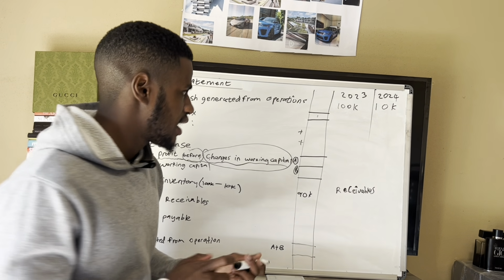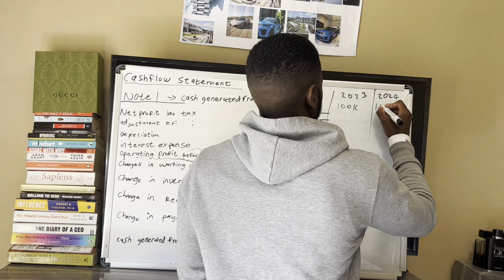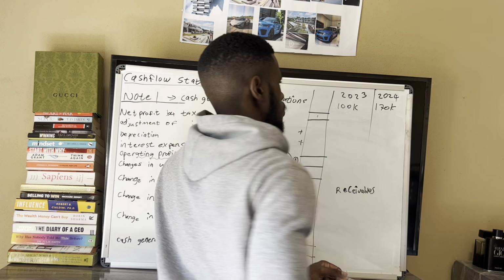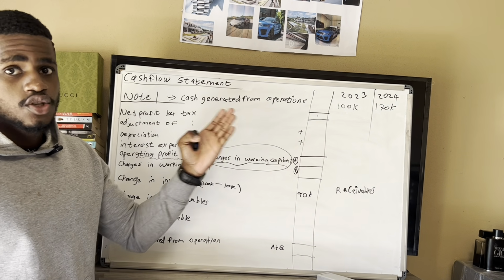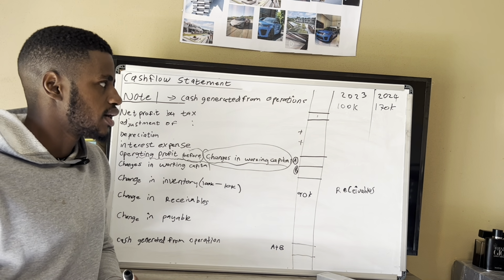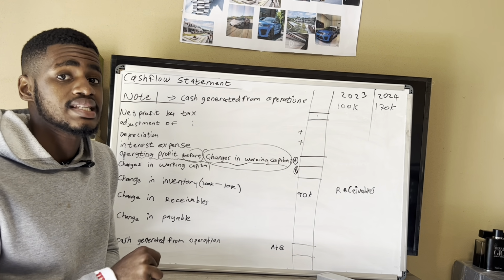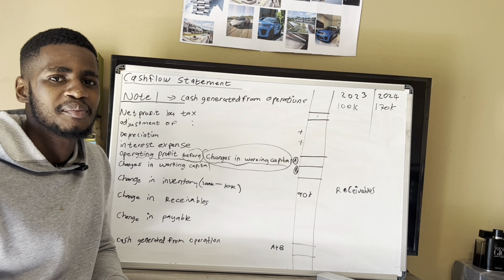Now let's say instead of 10,000 here, we have 170,000. This is a question in the exam. Last year, your debtors were owing you 100,000. This year, at the end of the year, they're owing you 170,000. What does that mean?